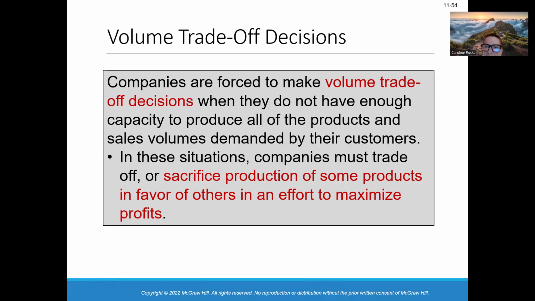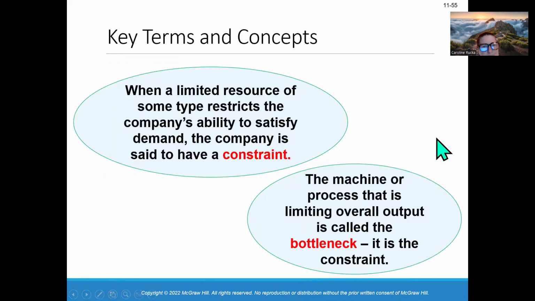Our demand is way up here, and our supply is kind of in the middle, right? So we have to maximize our profits selling the most profitable mix of items, okay?